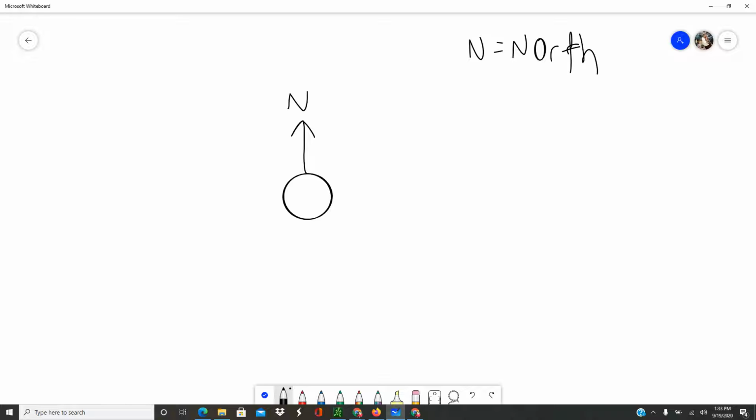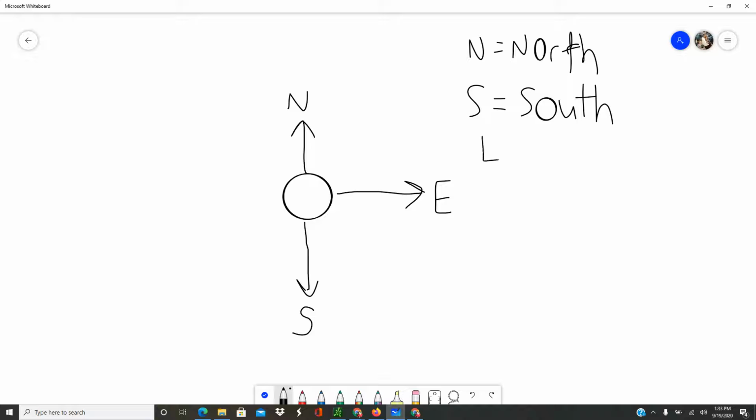When you're looking at that same map, and if you're going to the bottom of the page, you're going to be going south. Looking at that same piece of paper, looking down, if it was sitting on top of your desk, and if you were to look to your right, the direction I'm pointing to right there, you would go east.